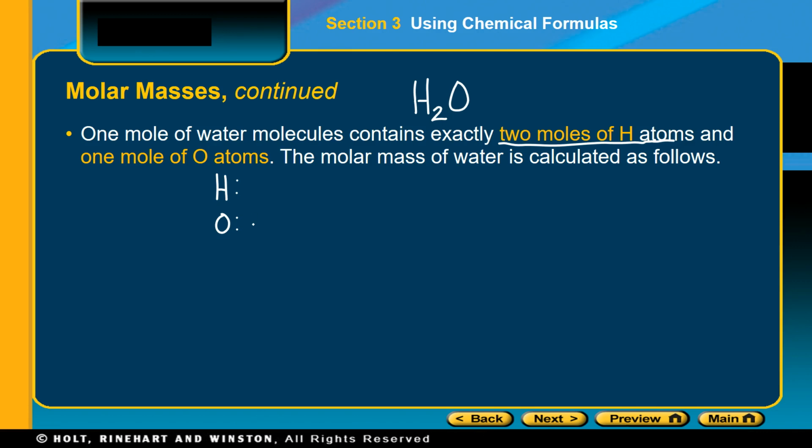All right, so I have two hydrogens, and their mass is 1.01. So that means hydrogen's contributing 2.02 grams to this equation. I have one oxygen. What's the mass of oxygen to 2 decimal places? 16.00.